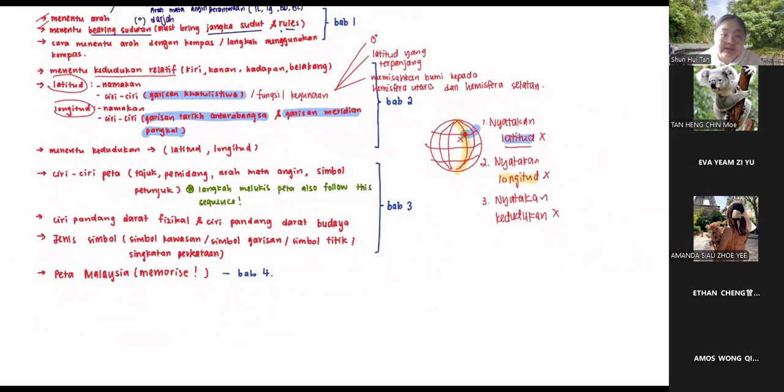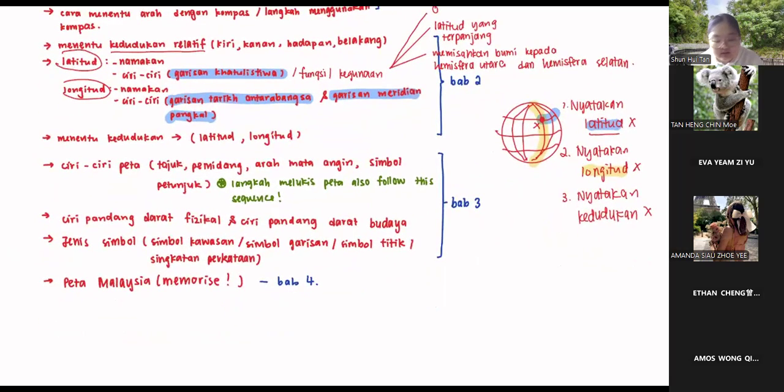But for chapter 3, they might ask you about the ciri-ciri peta, to state the ciri-ciri or state the langkah. I use a green color pen here to tell you the langkah is actually the way of drawing a map. So follow this sequence.